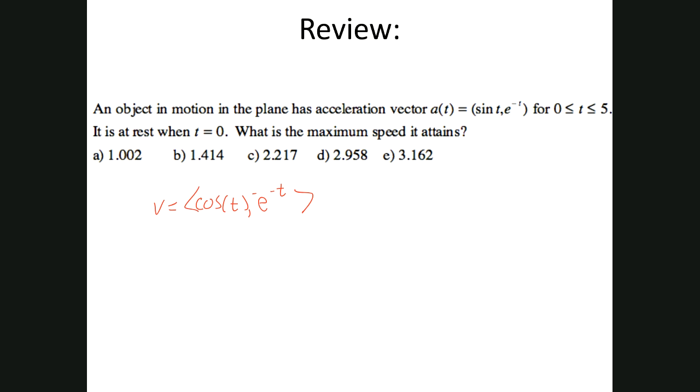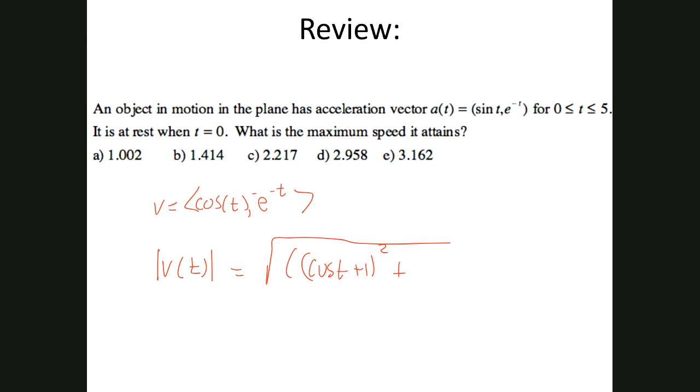And then if I want to find the speed that it attains, that is the absolute value. So I'm just going to end up with the square root of cosine of t plus 1 squared plus, now where did I get the plus 1? I forgot.